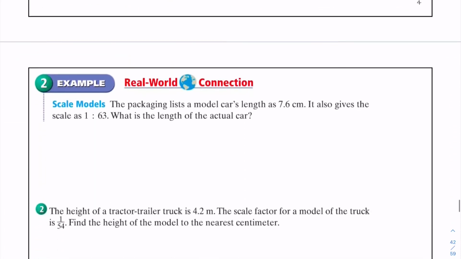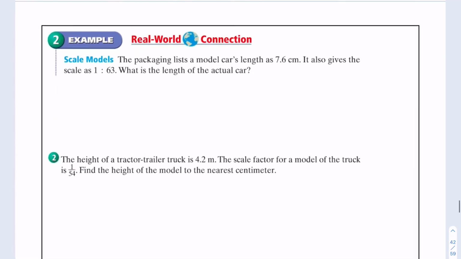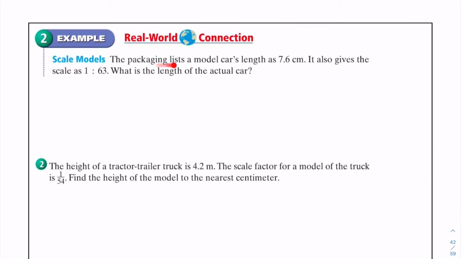All right. So here's a real world example. The packaging lists a model car that has a length of 7.6. It also gives a scale as 1 to 63. What is the length of the actual car? So we're going to say the model car has a length of 7.6 centimeters, and that is to some amount of centimeters.